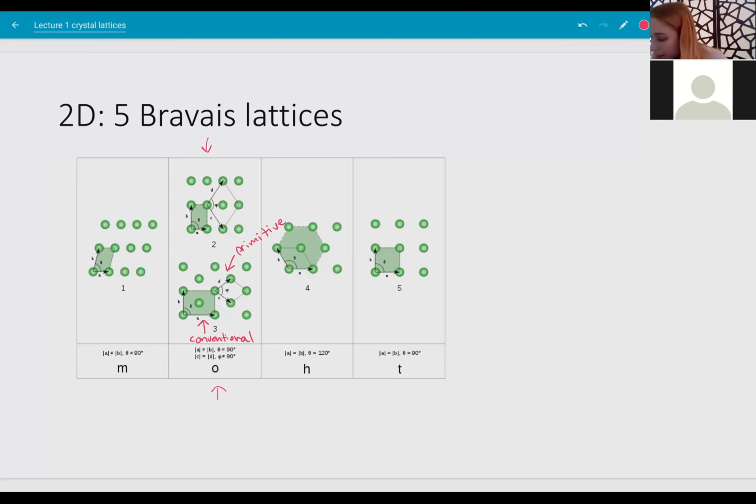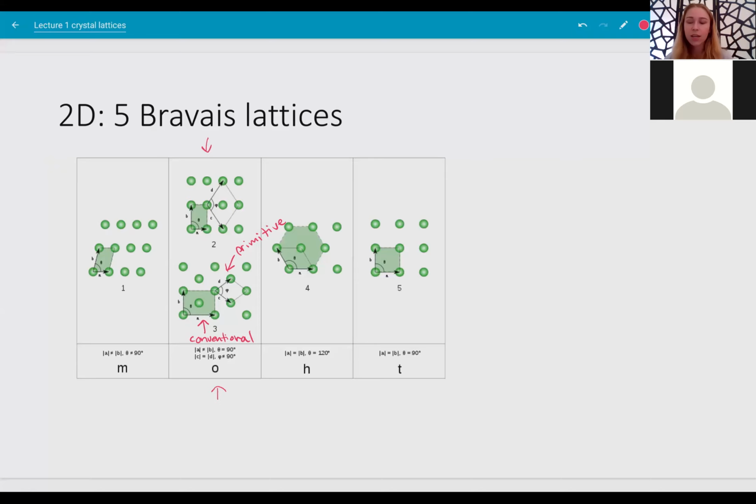Another thing that I want to point out here is the labeling. The crystallographic axes are often called A, B, and C, where C is traditionally, though not always, along the z-axis, so not relevant to this drawing.